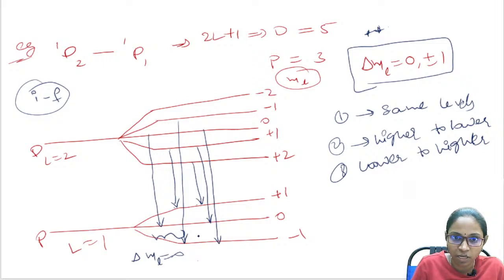These levels will be having same delta ml values. That means see, plus 2 minus 1 will be plus 1, okay. And plus 1 minus 0 is plus 1, 0 minus of minus 1 will be plus 1. So these transitions will be having delta ml values same, which will be equal to plus 1.